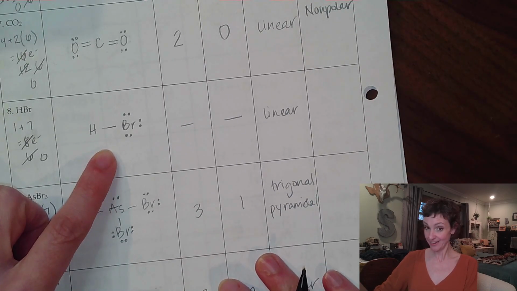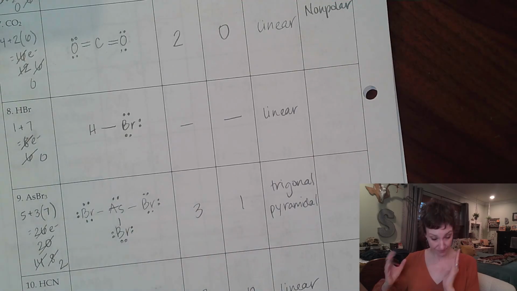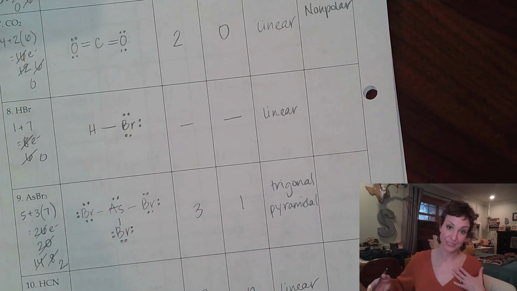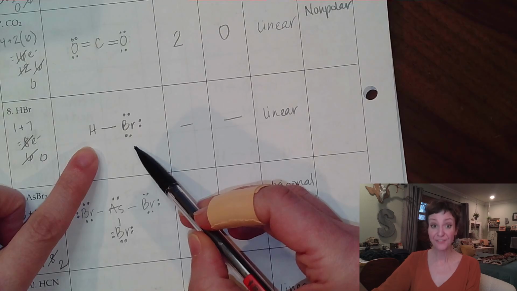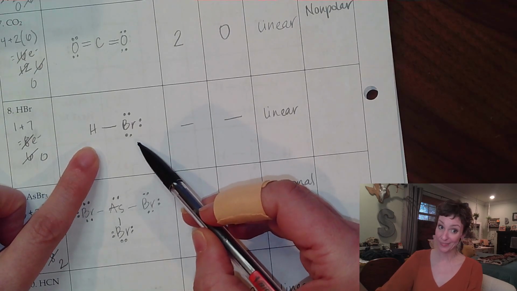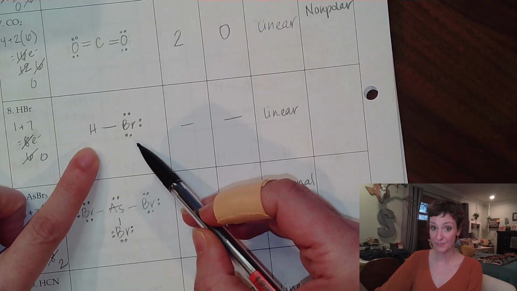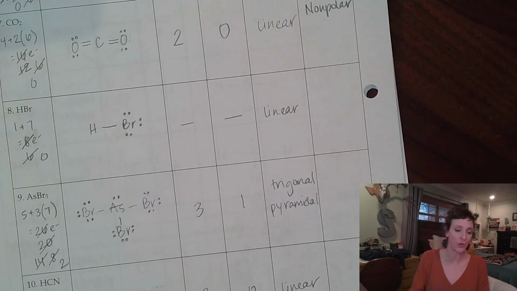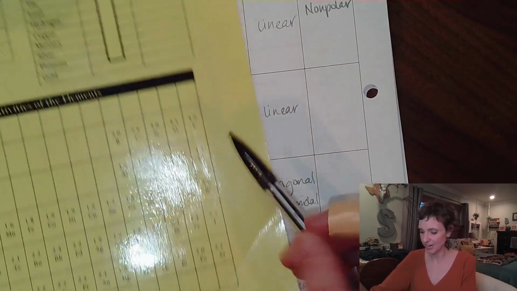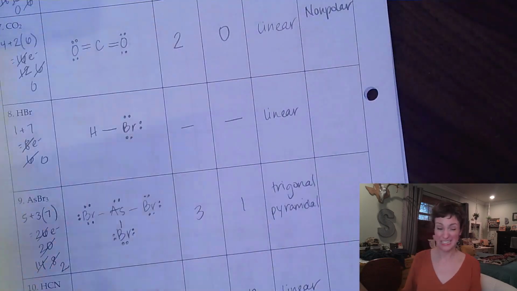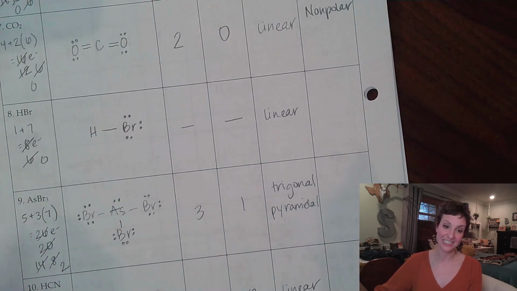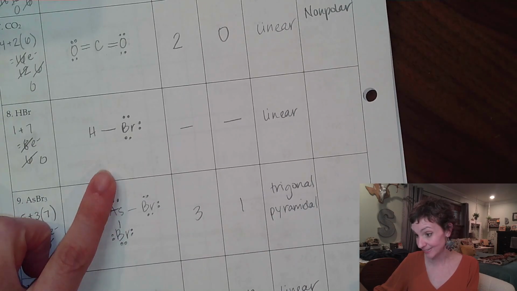Uh-oh, we got two atoms. Meaning we have one bond. Whatever the bond is, that's what the molecule is going to be. Is this bond polar or nonpolar? They are different atoms, right? So I'm hoping that their electronegativity difference is large enough to put them into that polar covalent region. And I can totally check. Bromine's got a 3. Hydrogen's got a 2.2. The difference between 2.2 and 3 is 0.8. And that is an electronegativity difference that will be great enough to be a polar covalent bond, right?